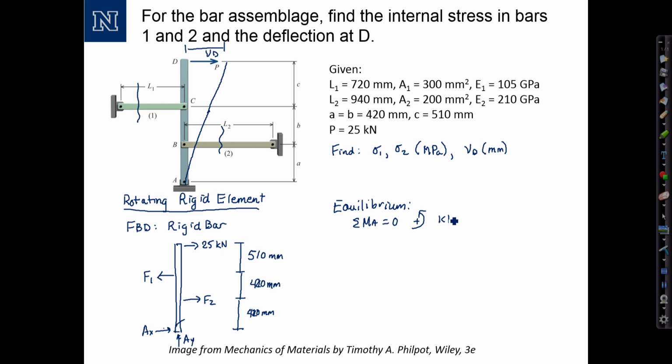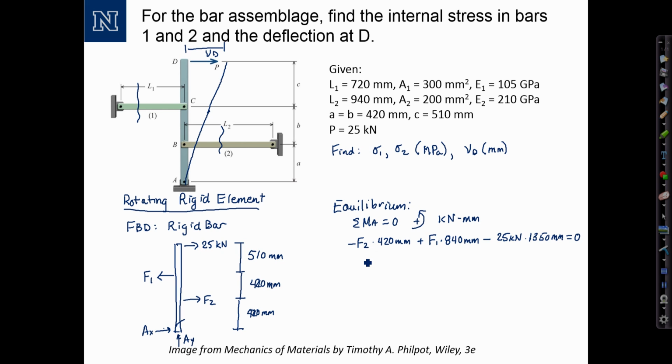I'm going to compute my moments in kilonewton millimeters because most of the knowns are given in those units. And starting from the bottom and working up, I have a moment negative F2 times 420 millimeters. I have a positive moment F1 times 840 millimeters. That's the sum of A plus B. And then I have a negative moment due to the force P at the top, 25 kilonewtons, times the total length, which is A plus B plus C, 1350 millimeters.